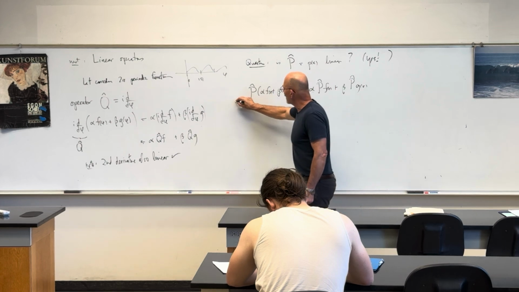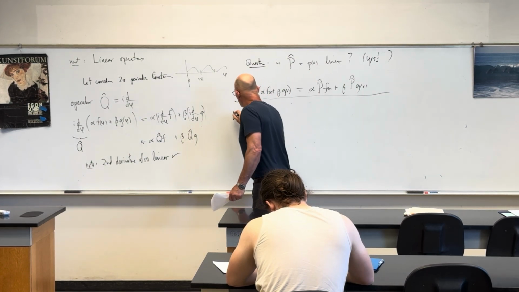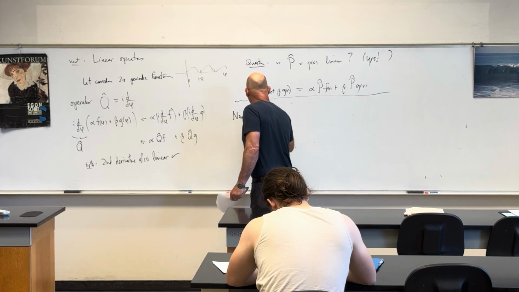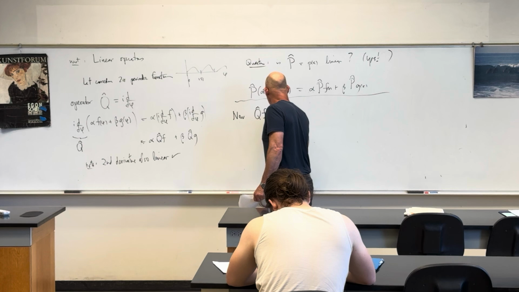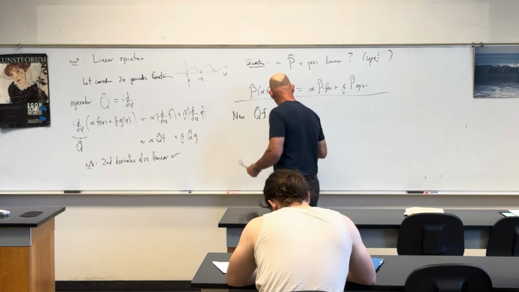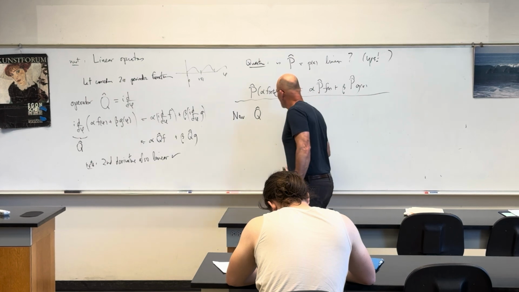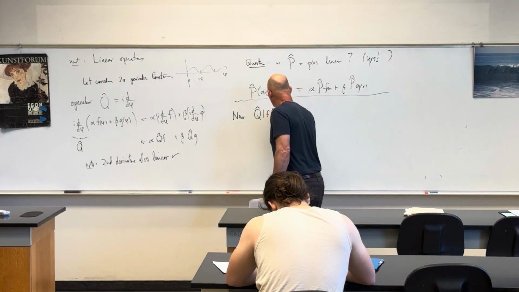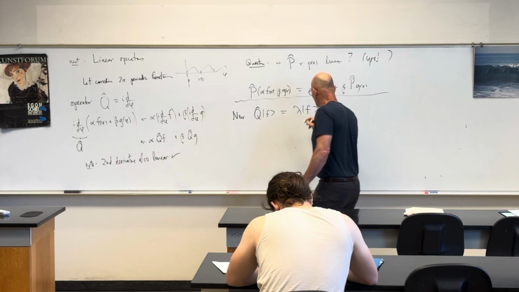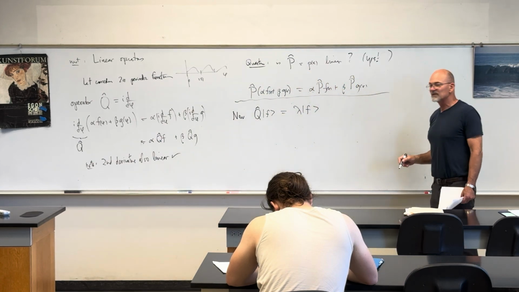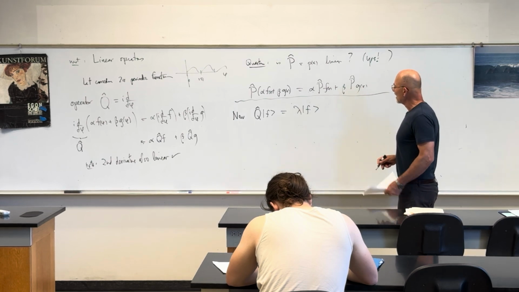So we're back to q hat here. Now q hat f equals, let me write it with this notation, q hat f equals lambda f. So q hat is a linear operator, so that's an eigenvalue, eigenvector equation.